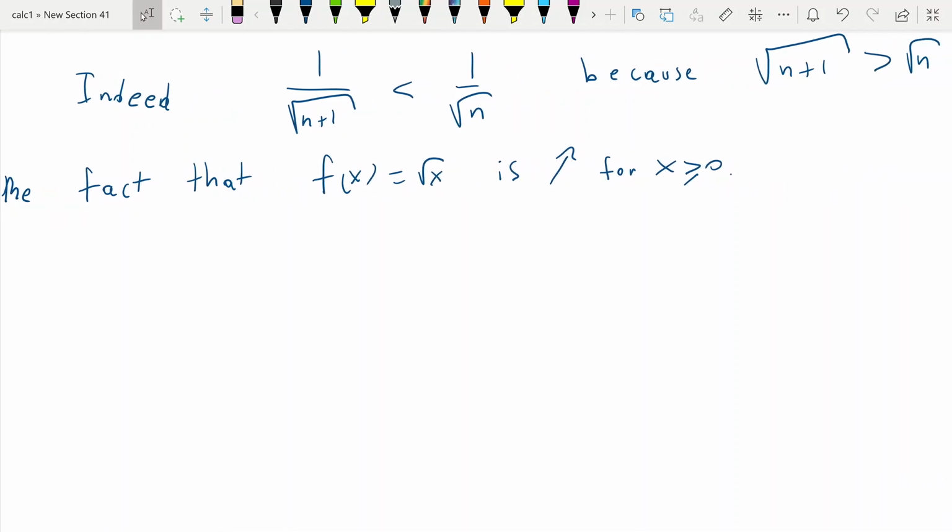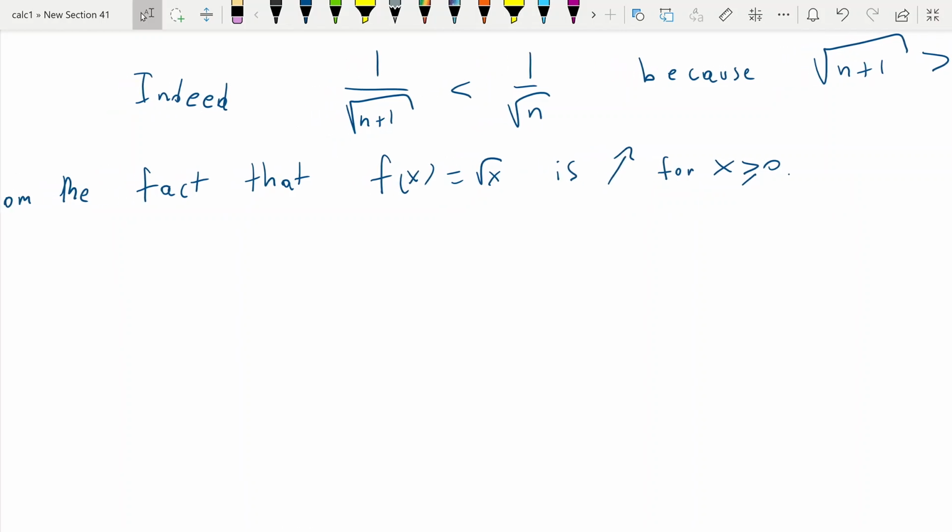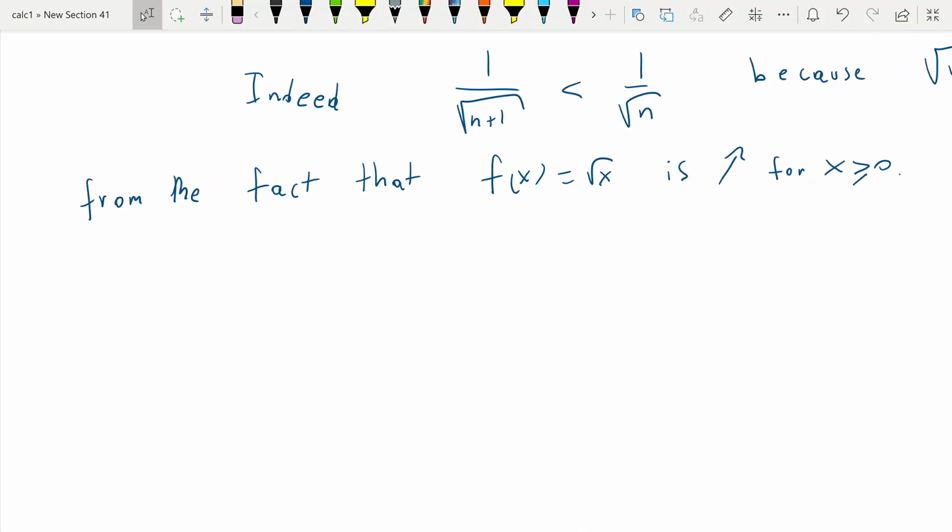Maybe I should stop here a little bit to make sure we are on the same page. If I ask you to show that this is actually increasing, you cannot just tell me, okay, f prime of x is equal to 1 over 2 times the square root of x, which is positive.